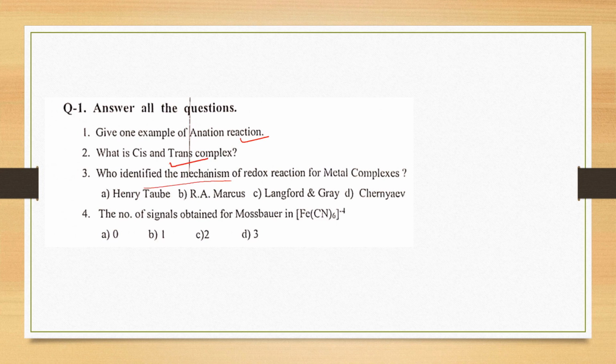Who identified the mechanism of redox reaction for metal complex? R.A. Marcus. What is the number of signals obtained in Mossbauer with respect to [Fe(CN)6]4 minus? The oxidation state is Fe2 plus, and this is cyanide, so it would be a low spin complex.